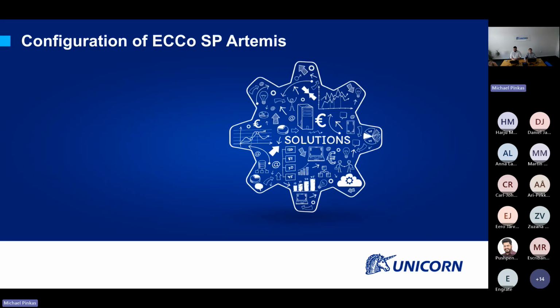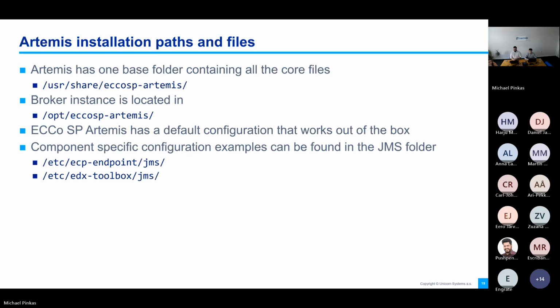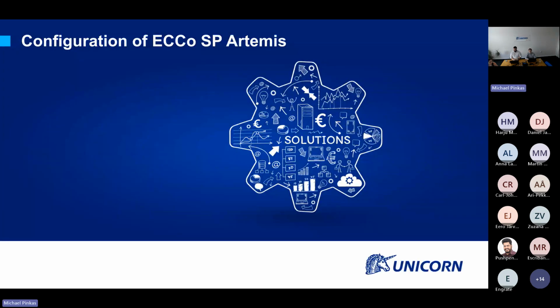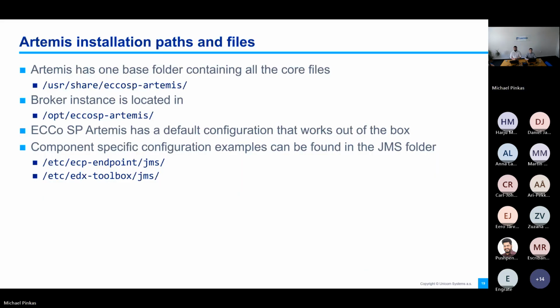So now we will go to the last chapter, that is the ECCo Artemis configuration. As mentioned, from version ECP 4.14 and EDX 1.14, we are not using the embedded ActiveMQ Classic internal broker, but instead we have our own service for the internal broker, and we are using ActiveMQ Artemis.